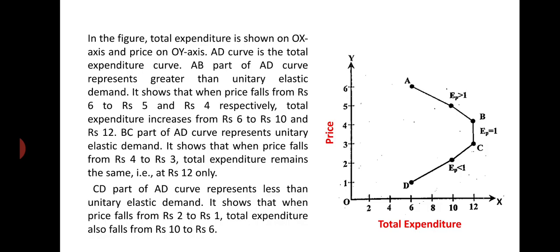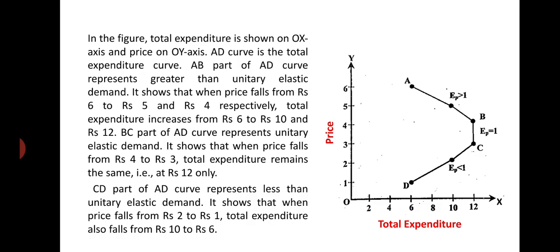But with a further fall in price, if total expenditure also falls, you mark the CD segment, it shows that with a fall in price, total expenditure falls. It is the case of less than unitary elastic demand, or we can say EP or ED is less than 1.